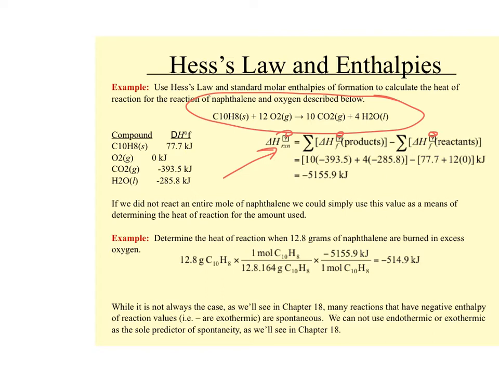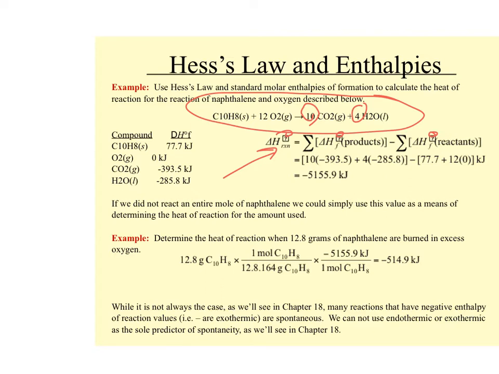I have all of the compounds in this equation, so I can plug those into this summation equation. I take the products, CO2 and H2O, and the molar quantities, 10 and 4. I know the formation of CO2 is minus 393.5, but I have 10 moles of it, so times 10, and times 4 for the H2O.